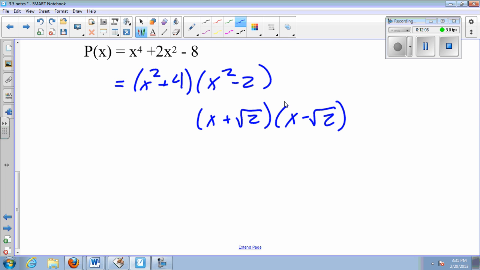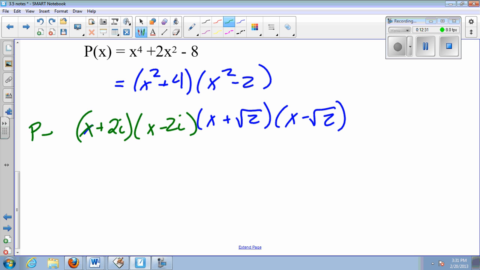And to get it completely factored, we need to do the same thing with x squared plus 4, but it will have imaginary numbers. x plus 2i times x minus 2i.